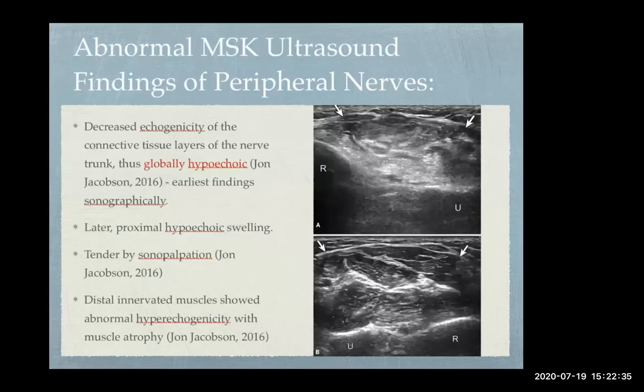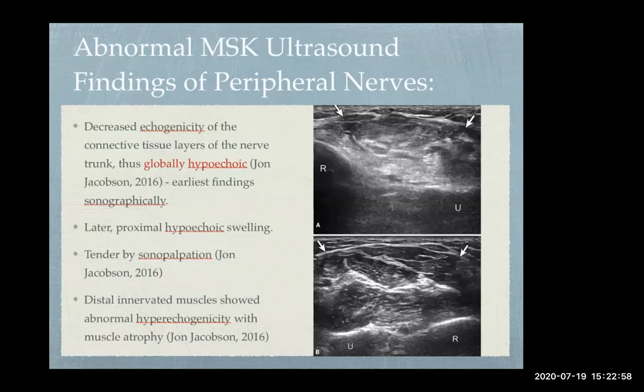Now, if we look at the peripheral nerves, there are changes that might occur early, and there might be changes that might occur late. So the earliest findings that we usually see is a decrease in the echogenicity of the connective tissue layers of the nerve. So they are globally hypoechoic.